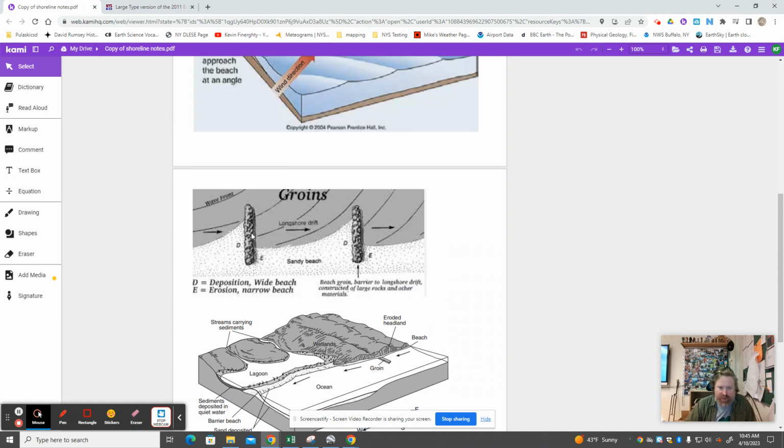What we humans try to do sometimes to slow this down is we build these groins, which is where you build a solid rock wall going out to interrupt the longshore drift. And it's a clever idea using that reference table because we say, okay, if we can slow down the currents, that will create deposition. And it does.